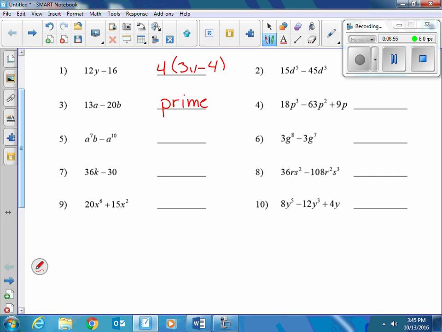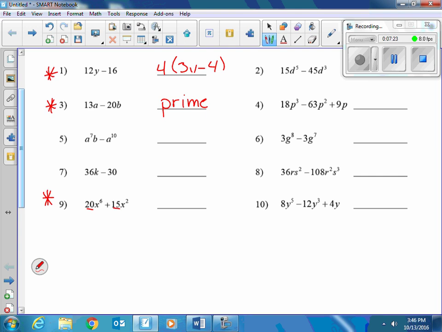All right, so we did number 1, and we did number 2. I'm just going to do one more, and then you get to fix up the rest. And the last one I'm going to do is number 9. If you look at number 9, they do have a lot of things in common. If you look at the big number coefficients, they're both divisible by 5.